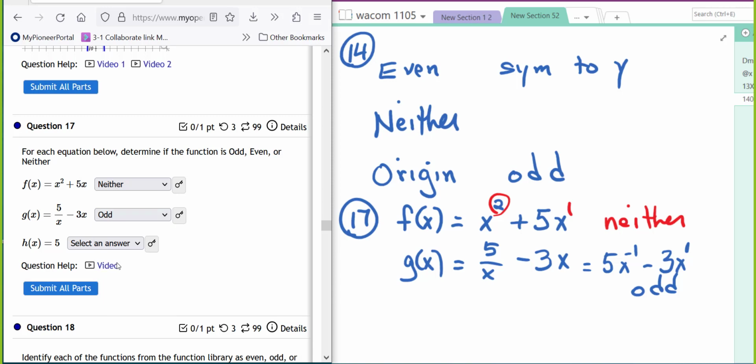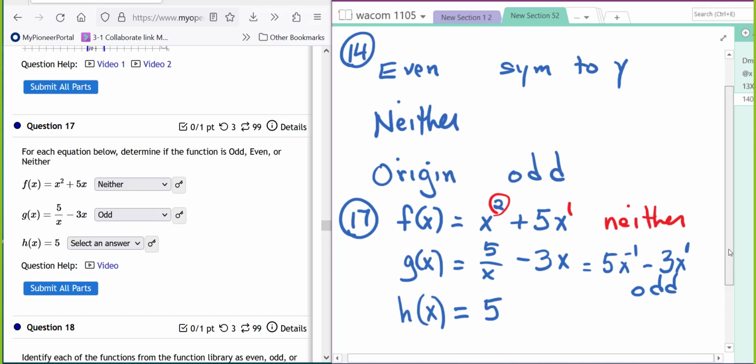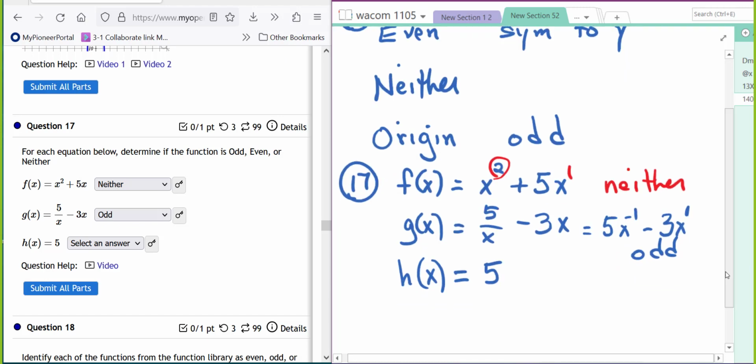Right, and this one, I had to think about this one a little bit. I had to think about the picture, really, on this one. It is a horizontal line. It is y equals 5.